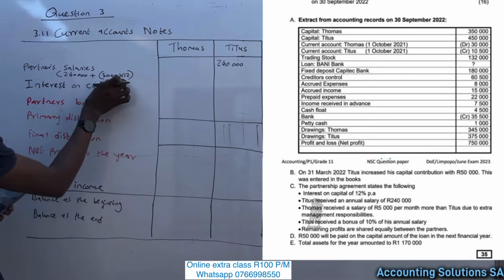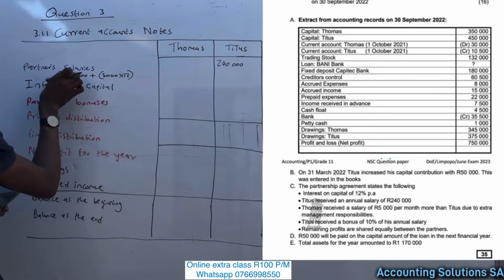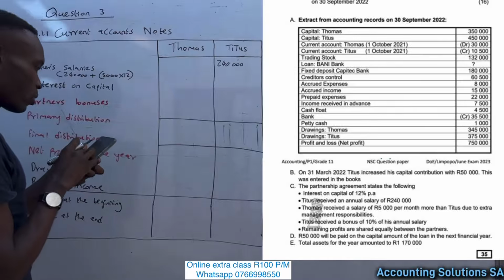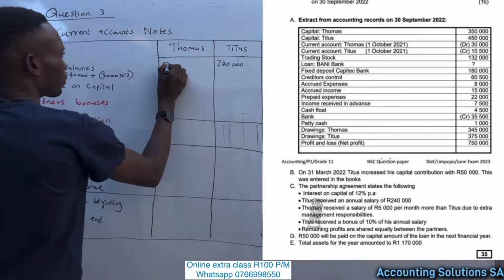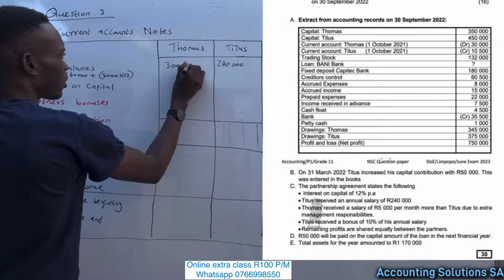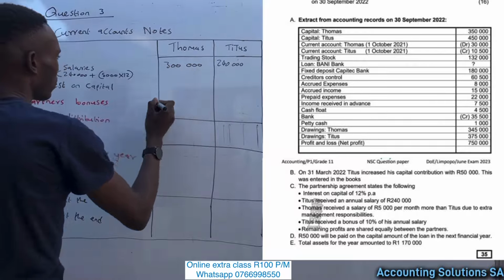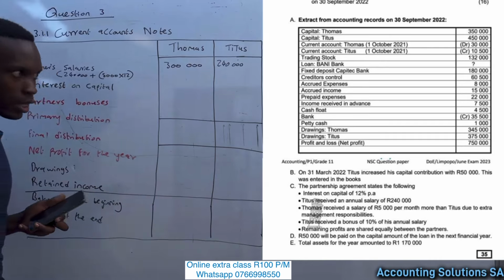You get the answer here and after that you add it to this one, and it will give you an amount of 300,000. Just like that.